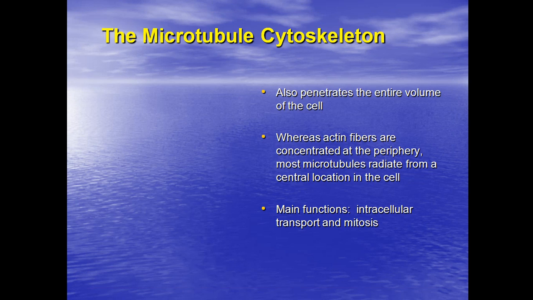The actin fibers are connected at the periphery of this microtubule. As we know, the main function of the microtubule is intracellular transport as well as mitosis or cell division.